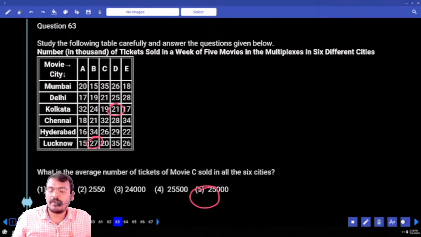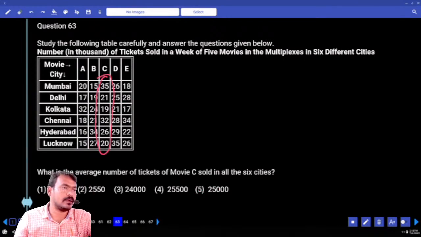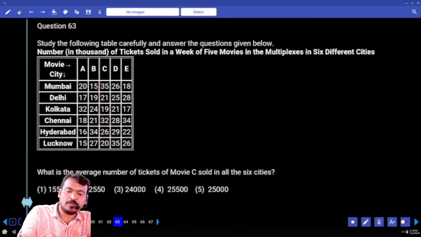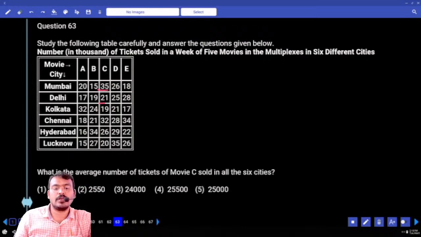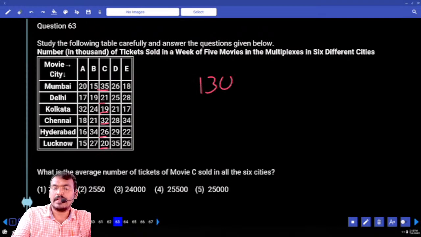Next, 63. What is the average number of tickets of movie C sold in all the 6 cities or only one city? All the 6 cities. Means we add all the 6 cities' values, and after that take the average. First we add the tens positions: 30 plus 20, 50 plus 10, 60 plus 30, 90 plus 20, 110 plus 20, 130.